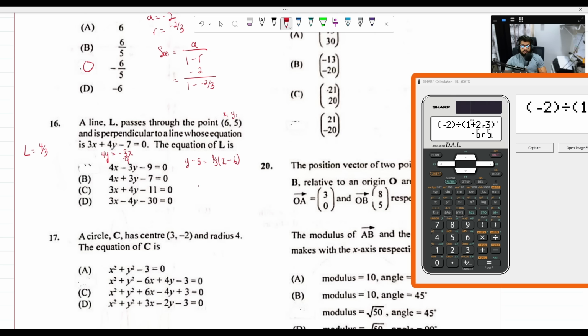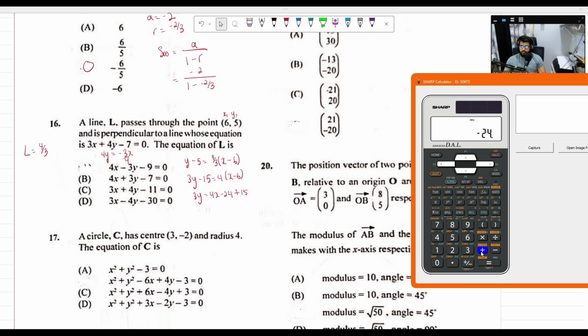Alright, so I'm going to get 3y minus 15 is equal to 4 into x minus 6. 3y is equal to 4x minus 24, and I'm going to plus the 15 on this side. I be no hero. Minus 24 plus 15 is minus 9. So I have minus 9 on the right. I'm bringing everything on the left.